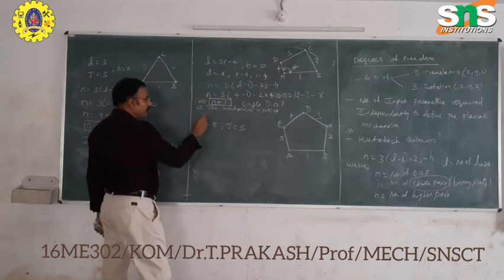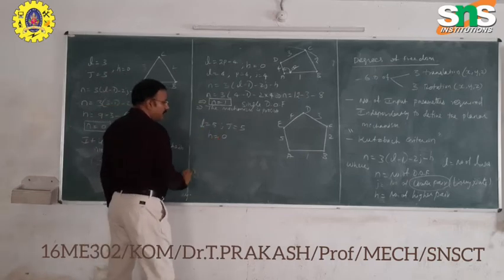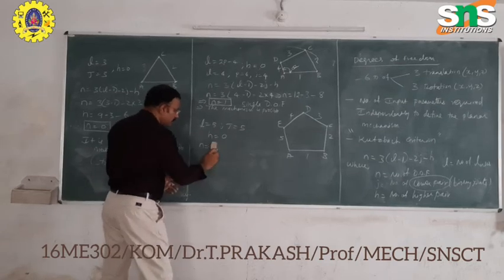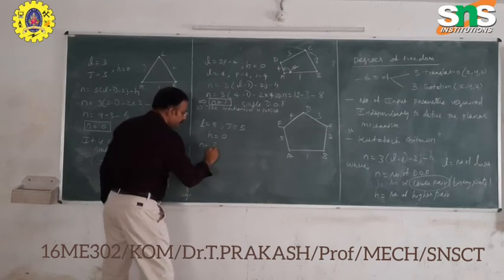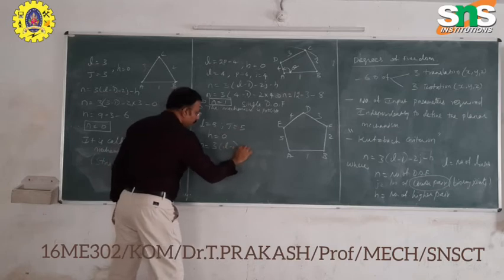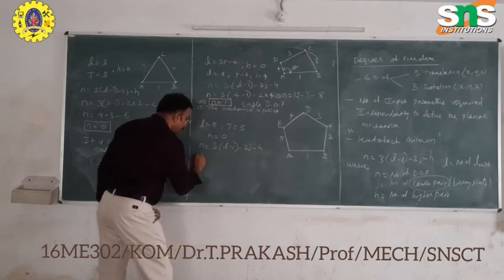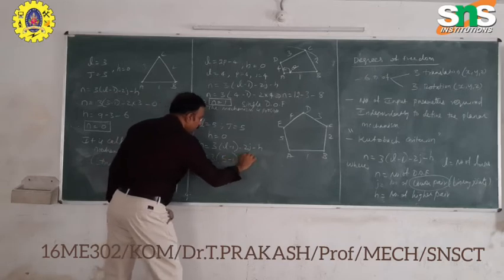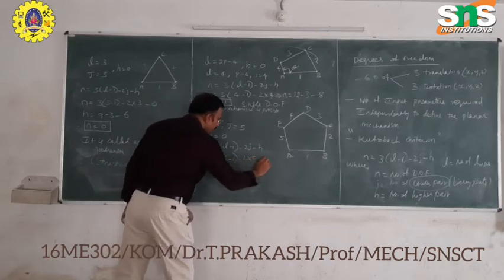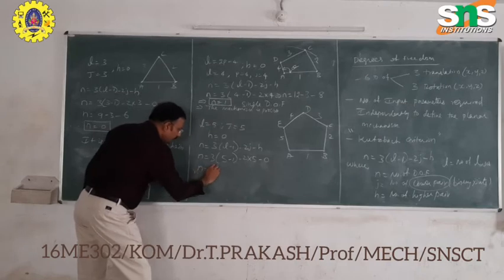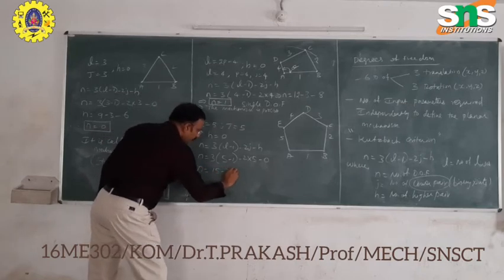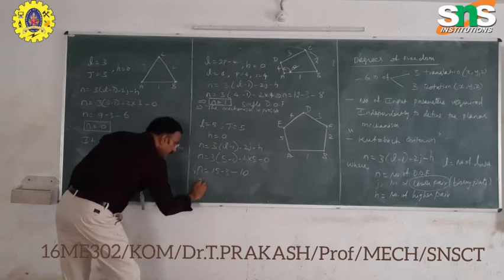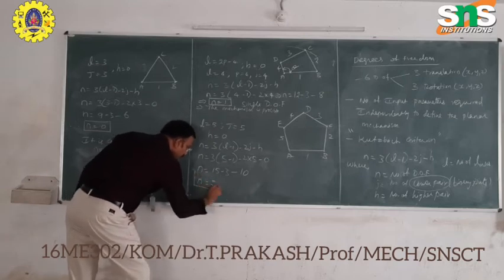There is no higher pair, therefore h equal to 0. Once again use the formula n equal to 3 into (L minus 1) minus 2j minus h. n equal to 3 into (5 minus 1) minus 2 into 5 minus 0. You get n equal to 2.